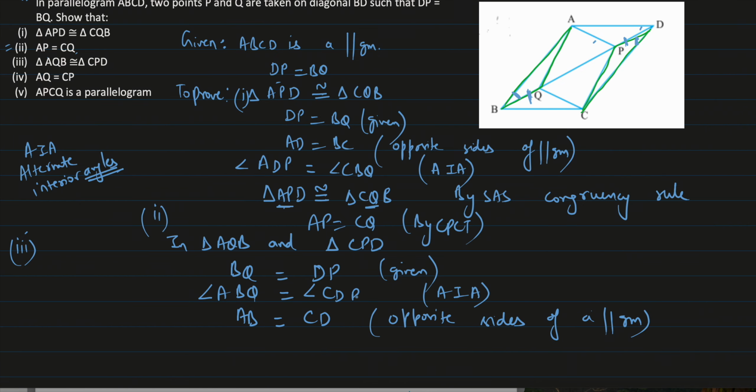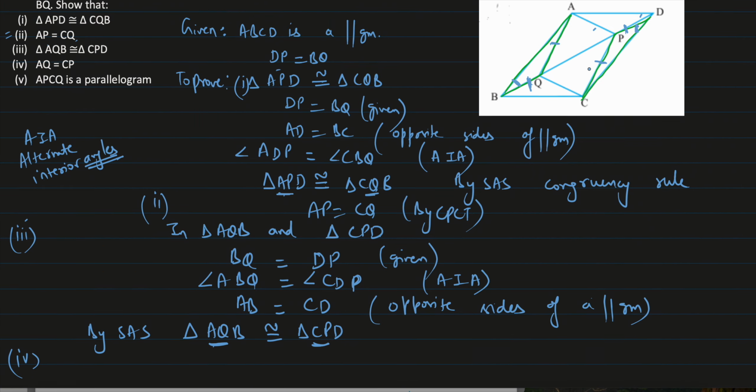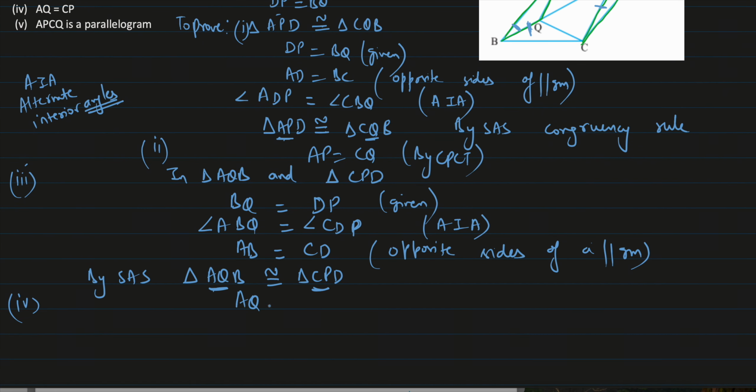So again, by SAS, triangle AQB is congruent to triangle CPD. Done with this part also. The fourth part is that I have to prove AQ equals CP. So you can see from here that AQ equals CP by CPCT.